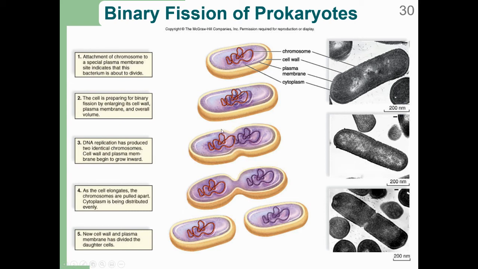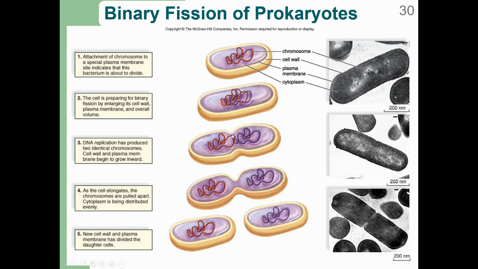Each of those are connected to the plasma membrane, and when it replicates, it continues to build new plasma membrane and new cell wall. So it's elongating. It's getting bigger by bringing in nutrients, bringing in raw materials, and building more and more membrane and more cell wall to get bigger.